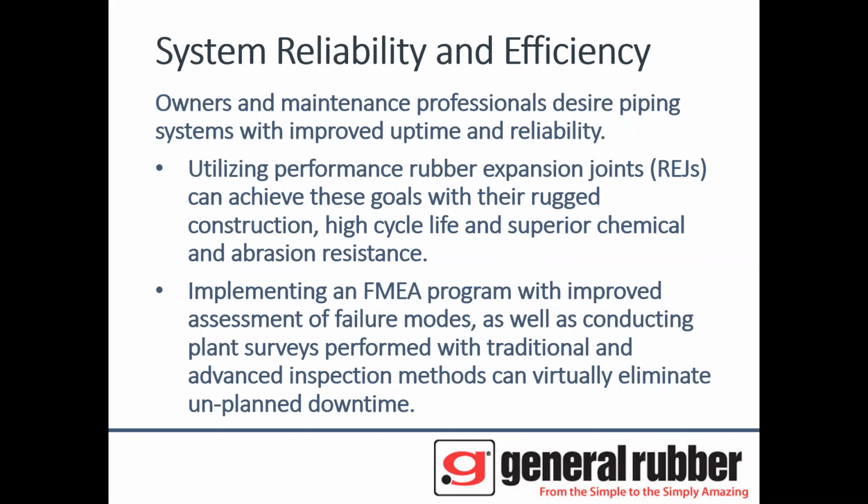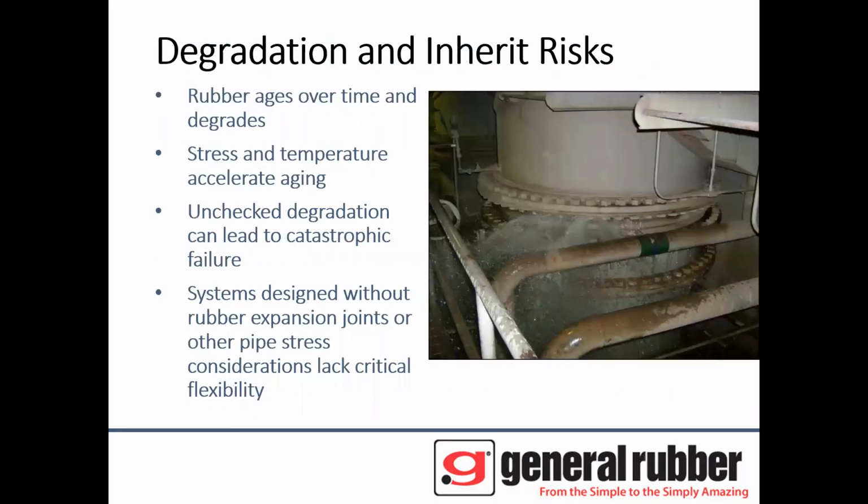We're going to show how implementing a FMEA, that's Failure Modes and Effects Analysis program, with improved assessment of failure modes, as well as conducting plant surveys performed with traditional and advanced inspection methods, can virtually eliminate unplanned downtime.